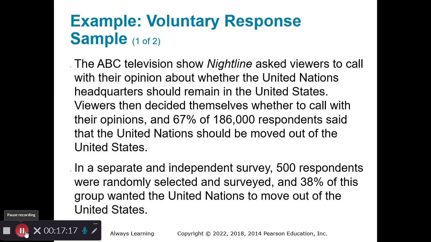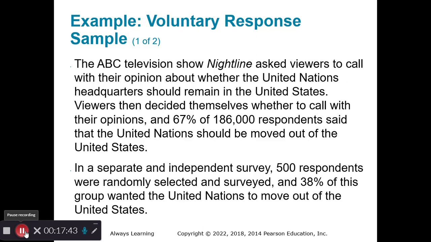Here's a quick example of a voluntary response sample. We had a television poll where 186,000 people were called, and 67% of them said that the United Nations should be moved out of the United States. Wow, that's 2/3, right? A little over 2/3.